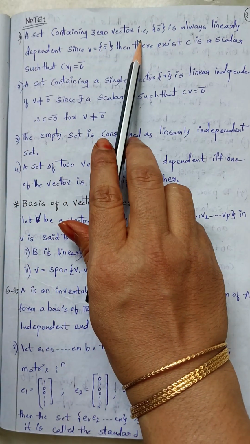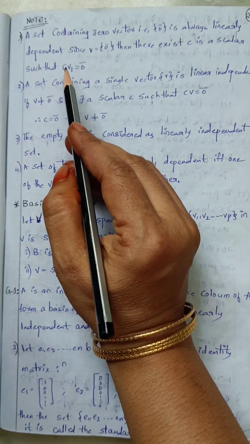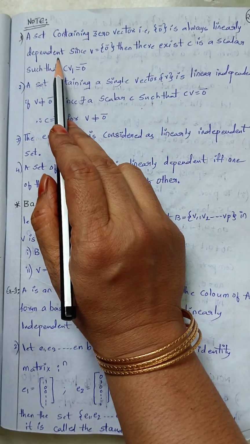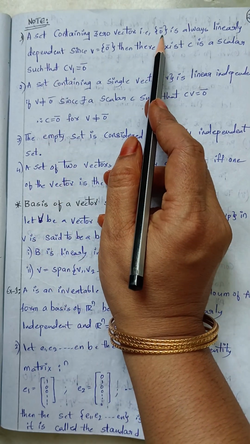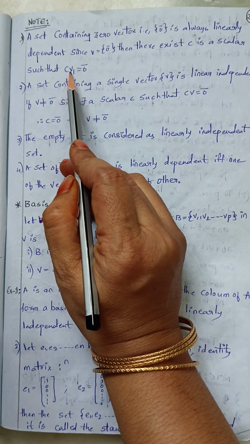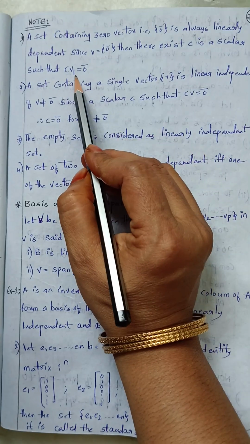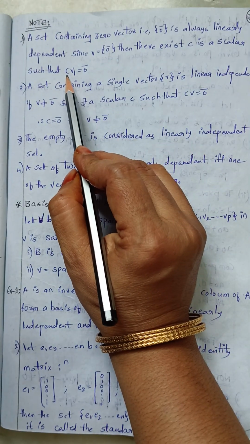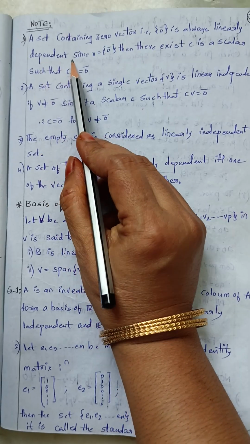A set containing the zero vector is always linearly dependent. How can we say it is linearly dependent or independent? We take the linear combination. Only one vector is given, so we choose one scalar and take the linear combination C V1 equal to 0 bar. Here V is 0 bar, so C need not be 0. C not equal to 0 means it is linearly dependent.